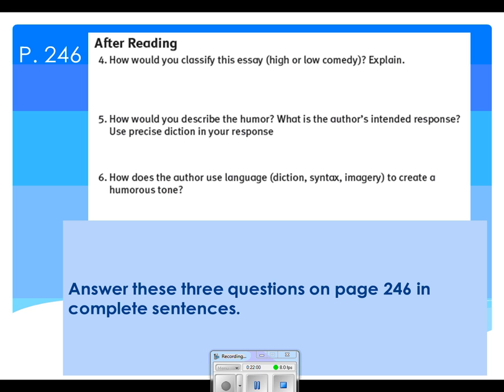Now, I don't want you to write the answer yet. I want you to take about 1 minute and discuss it. Something else I want you to do, check back where you wrote down the difference between high and low comedy and see if you can use the diction that we had earlier. Take 1 minute to discuss it before we do the big reveal.